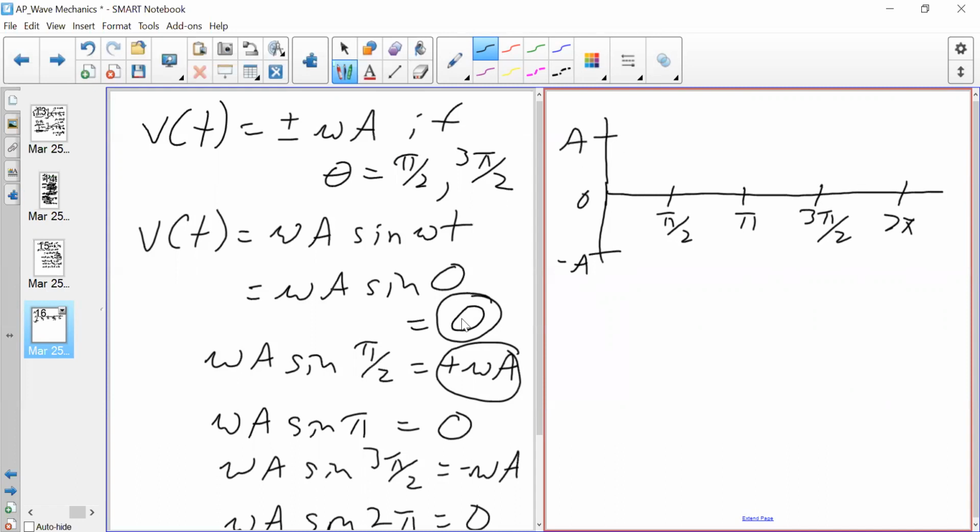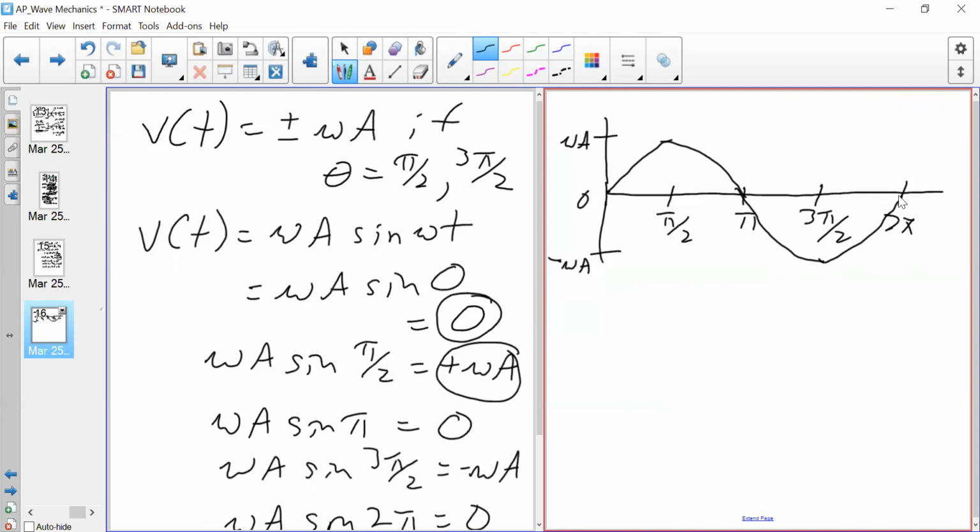We have 0 first, and there I go again, it should be omega A. I want to put my position coordinates, so omega A and negative omega A. So 0 to maximum, back to 0, back to negative, and then back to 0. A true sine function.